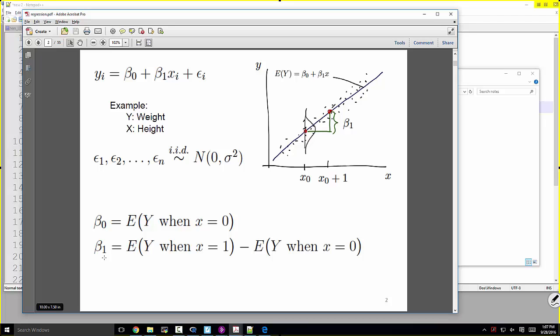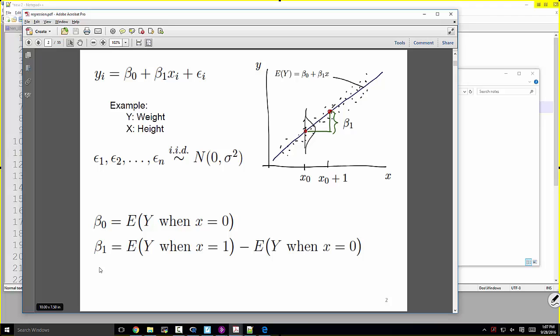Let's just say beta 1 right now is a mean difference. Beta 1 is a slope, so rise over run. But again, we speak in terms of means or expected values. So it's a difference in means of the response associated with a 1 unit increase in the x variable.